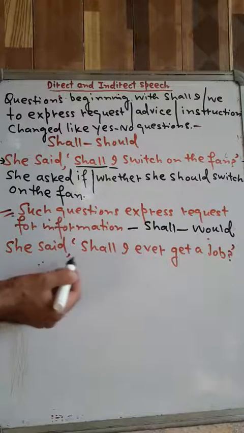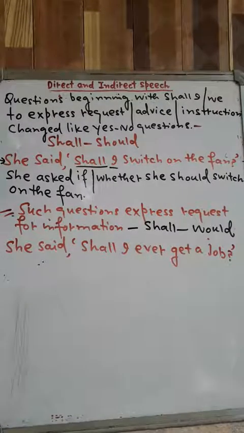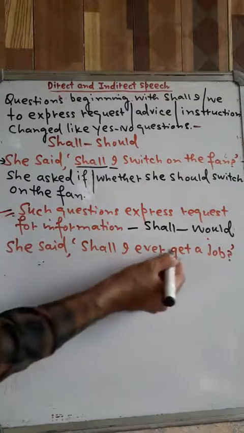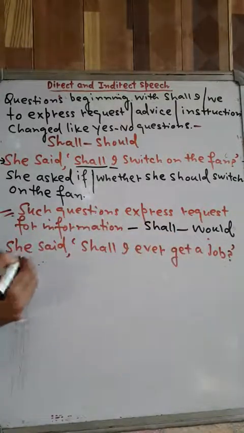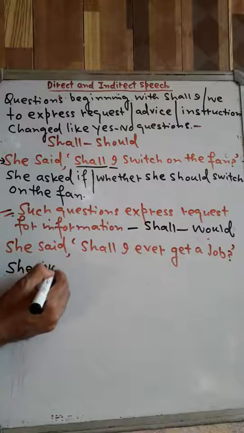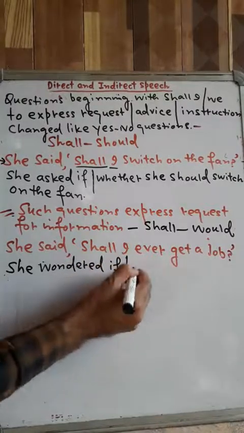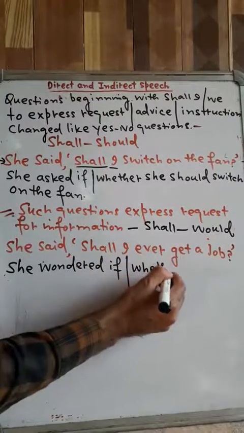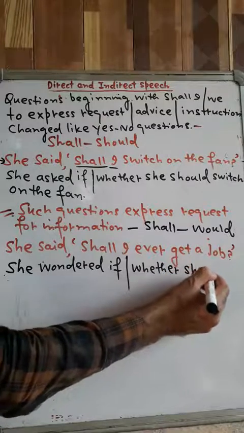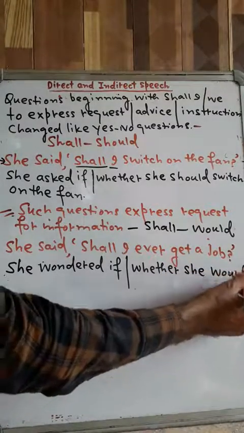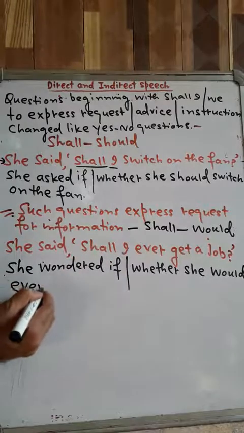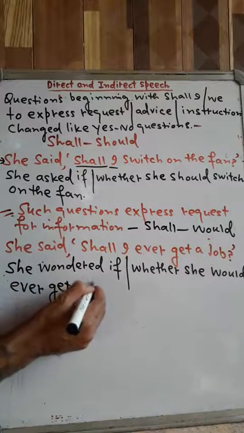Here we have the request for information. So when there is a request for information, shall becomes would and not should. She asked, or she wondered, if or whether she would ever get a job.